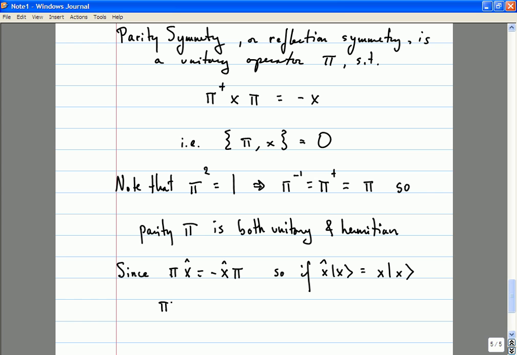And what do you get? Well, let's see what happens if you act on it with x. Using our anti-commutation rule, this is minus pi x hat acting on x, which is just x acting on x. So it's equal to minus x times pi x.